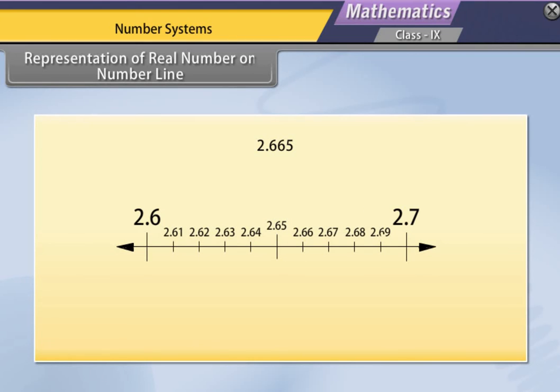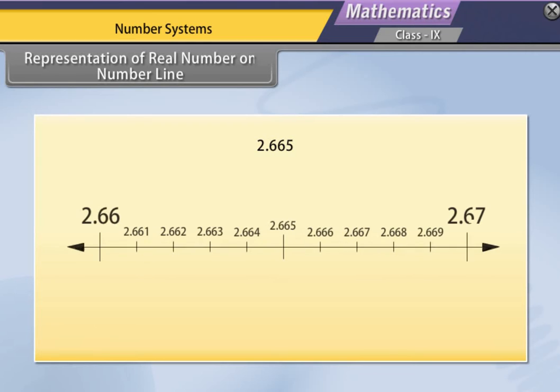Now focus on the portion between 2.6 and 2.7. Divide this again into 10 equal parts. The first part represents 2.61, the next 2.62 and so on. Again, 2.665 lies between 2.66 and 2.67. Let us focus on this portion of the line and imagine dividing it into 10 equal parts.